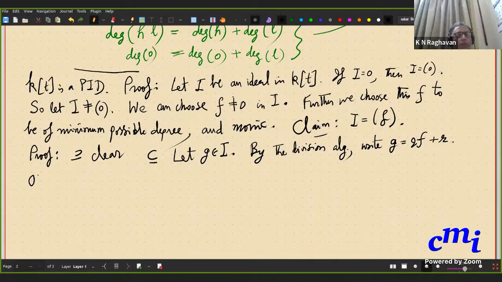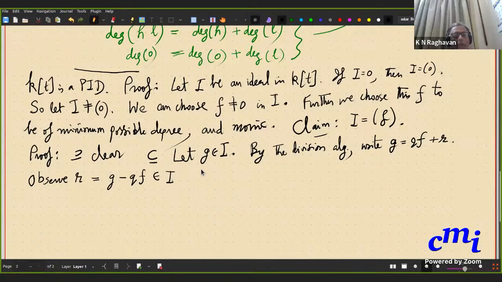Now observe, R is equal to, if I send this QF to the other side, G minus Q times F. Now G is in I by choice, F is in I by choice, and Q times F is also going to be in I, and I is an ideal, so this difference is also going to be in I. But the degree of R was less than the degree of F, and F was of minimal degree, right?